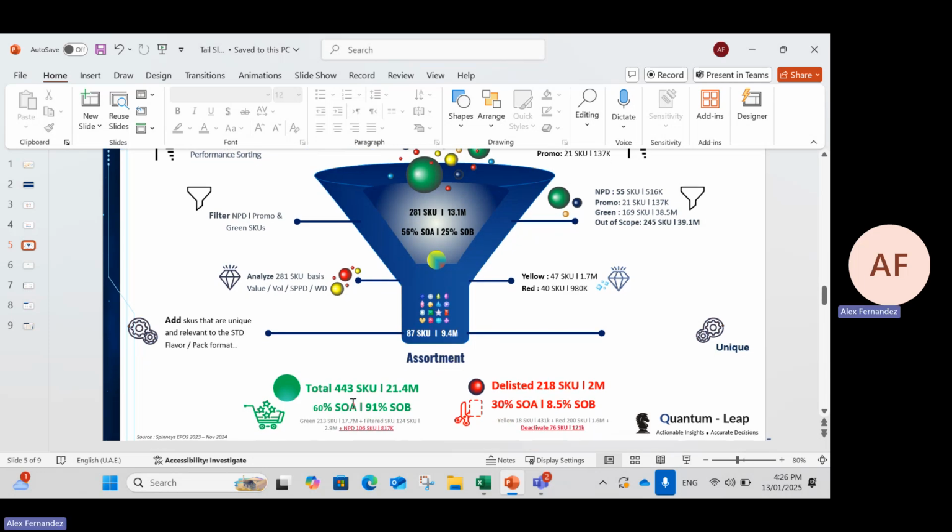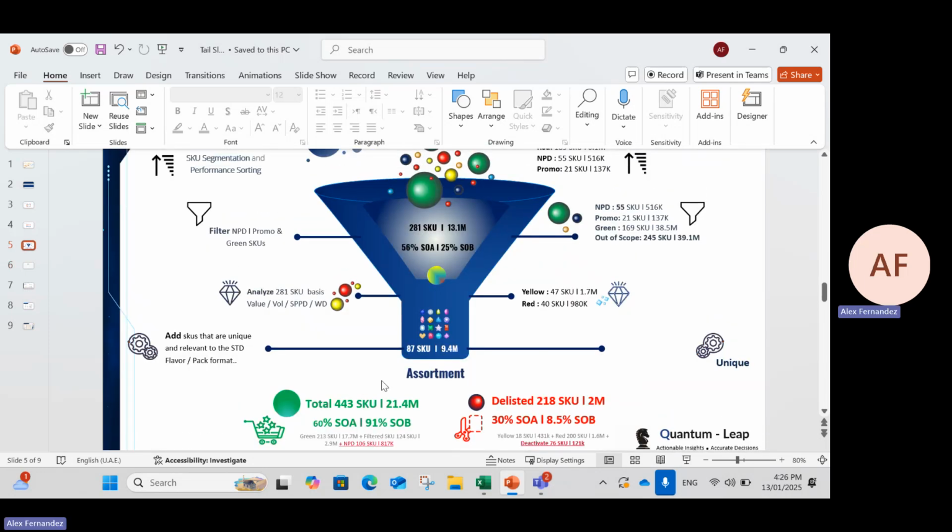And then for the total number of SKUs, it's just the combination of green, 87 plus the NPD.